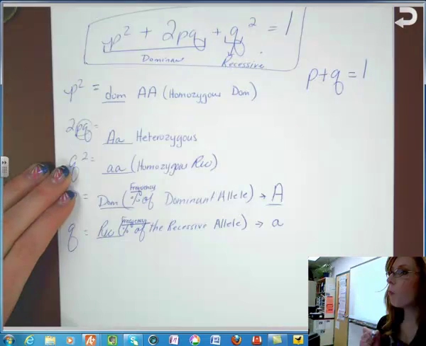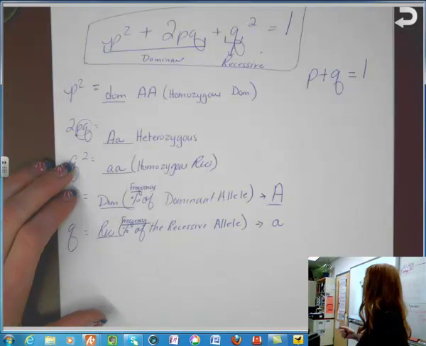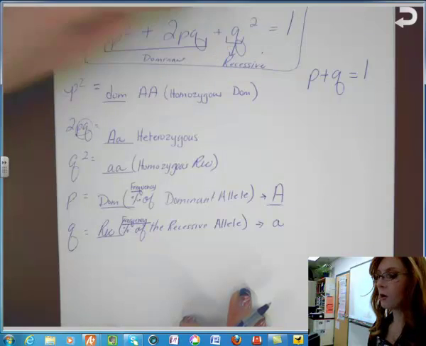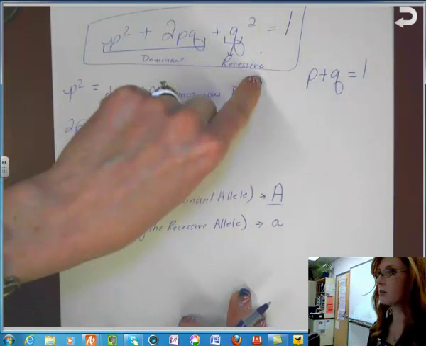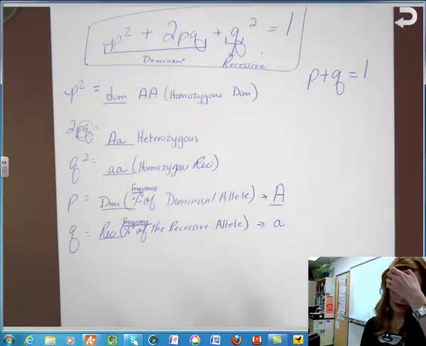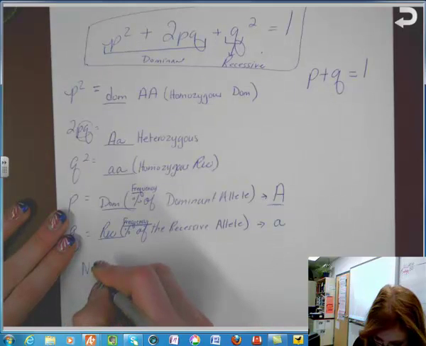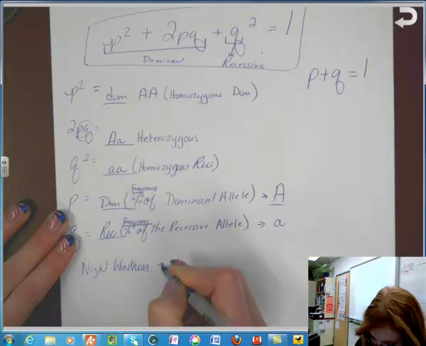So, when I write out a question, listen carefully because this is the toughest part of these problems. When I ask you a question about this, I'm either going to give you the recessive information, because we always start with q squared, or I'm going to give you a percentage that takes into account both of the dominant, and you subtract to get to the recessive. So everything here is going to start with q squared. So let's deal with, let's see, night blindness. Some people have trouble seeing at night.